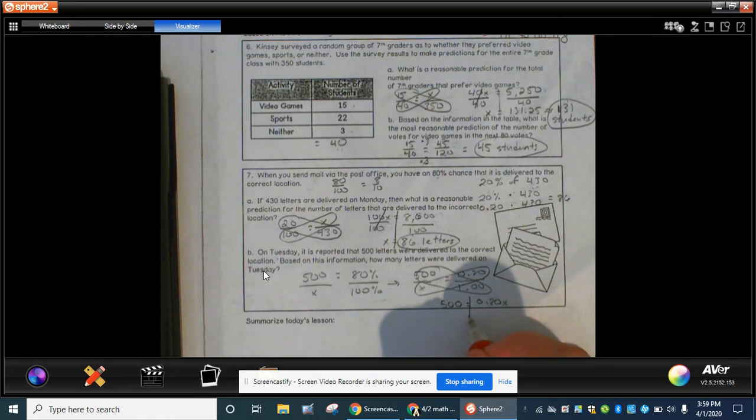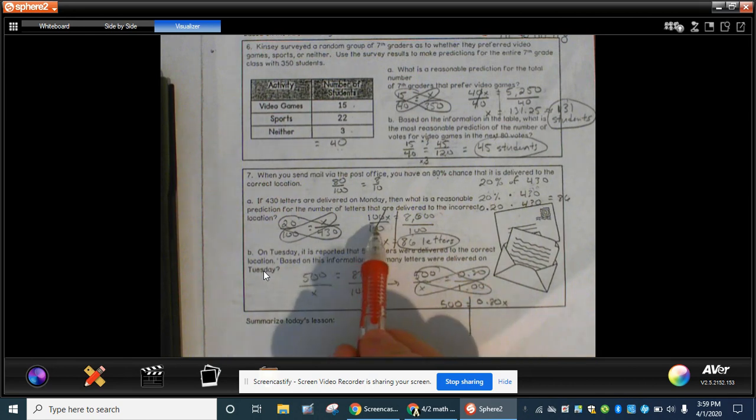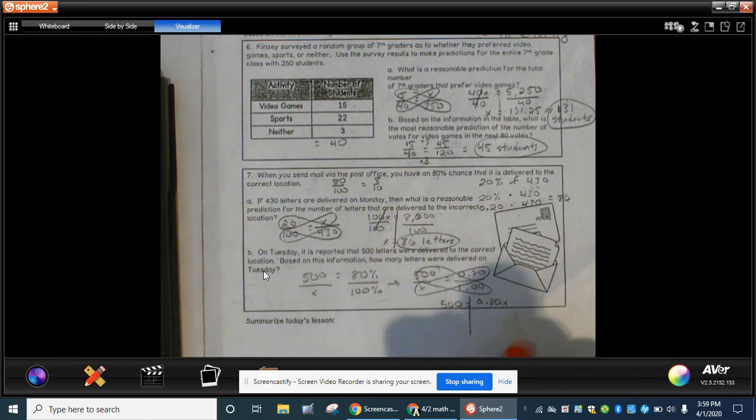Okay, so up here, to get rid of that coefficient, we had to divide. We're going to do the same thing here. Yes, you can divide by a decimal. We're going to divide by the coefficient, 0.80, from both sides. We're going to be left with x on this side because 0.80 divided by 0.80 is 1.